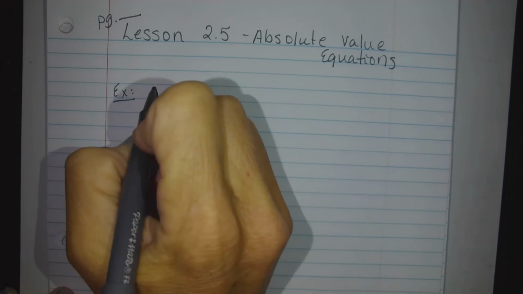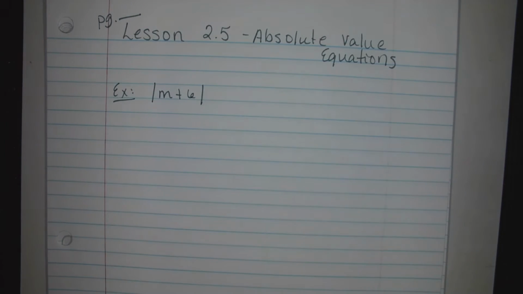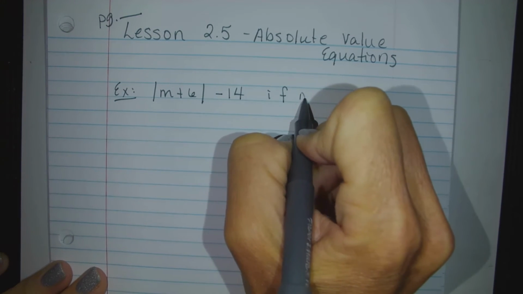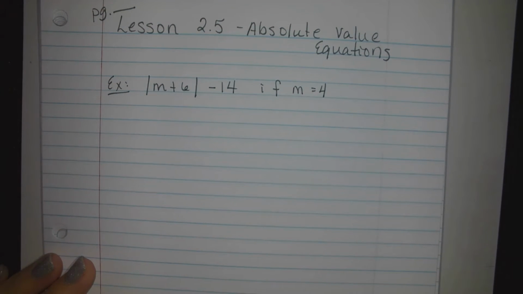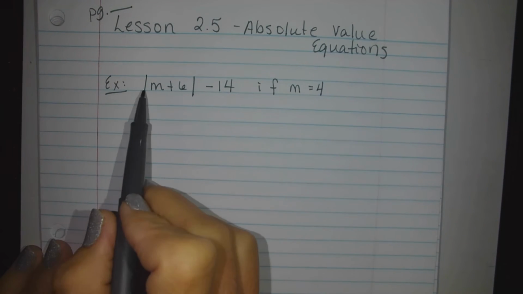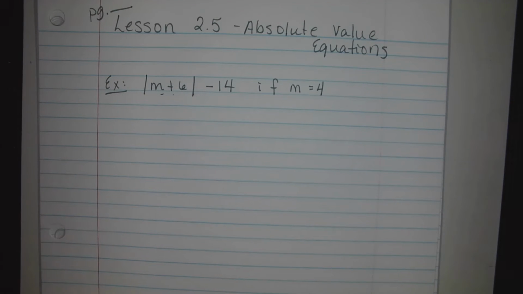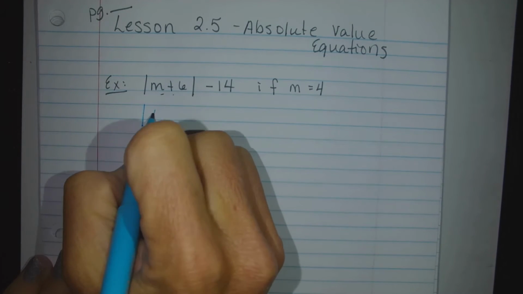I'm gonna just give you an example. This should be review. Okay, absolute value of m plus 6 minus 14 if m equals 4. So you want to substitute m in for 4.